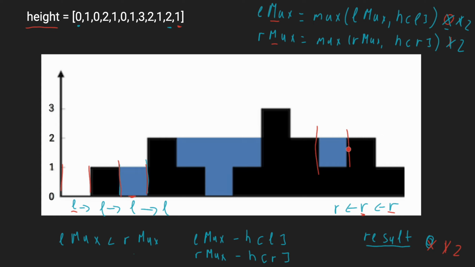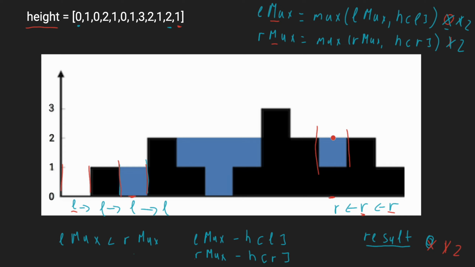Again, at this position, we are sure about the only reason why we came to this condition: Rmax minus the height at this position, because our left pointer is at least equal to or more than the current position.